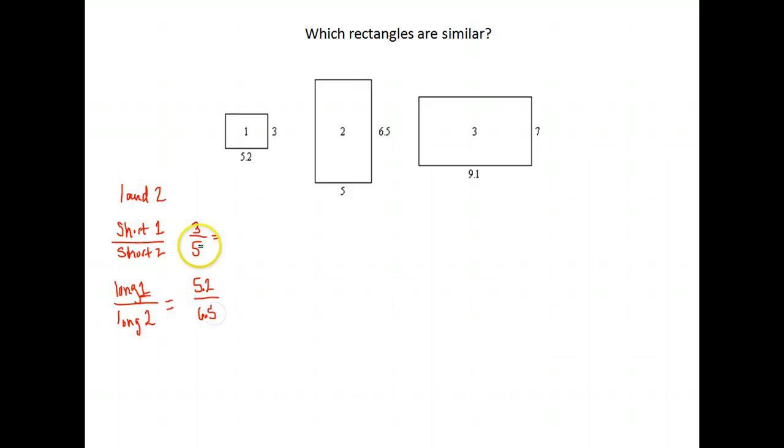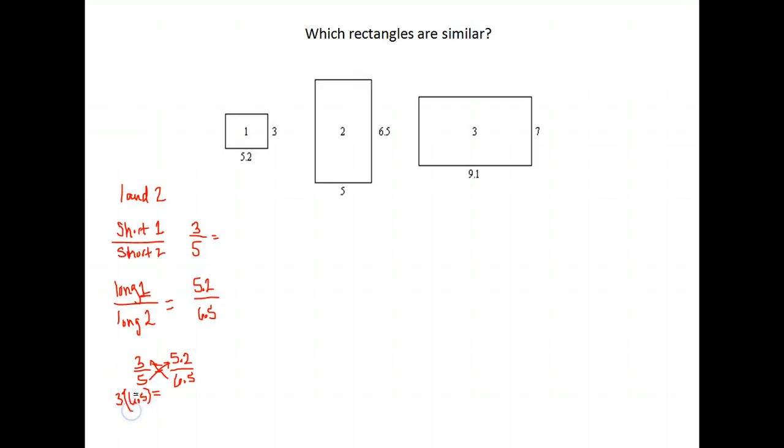Now what we're checking is to see if these are proportional or not. So then remember, proportional means that the fractions are equal, and we check that by cross multiplying and checking to see if we get the same number. So we take our two ratios, set them equal, and cross multiply to see if they're equivalent.